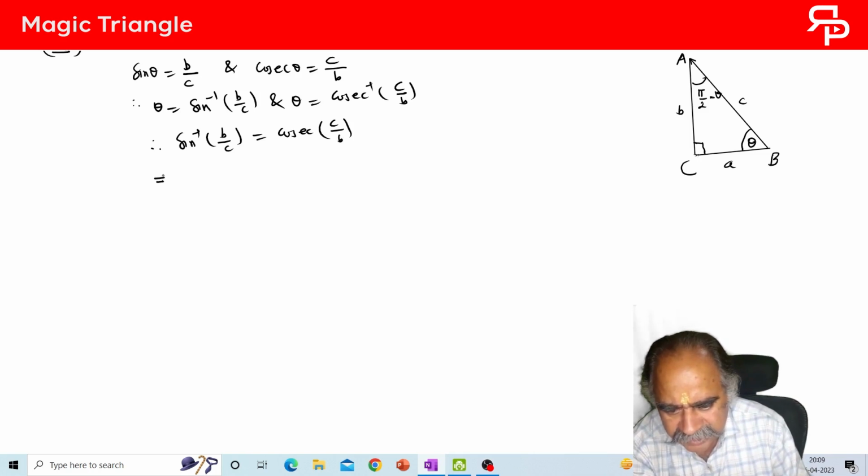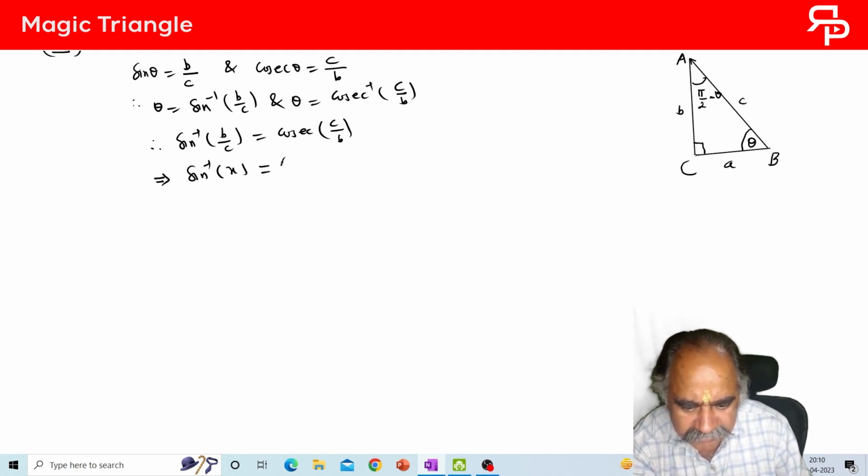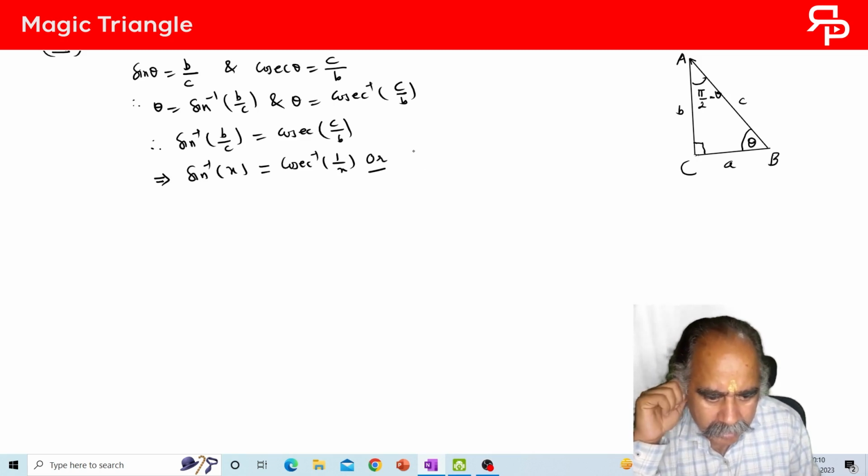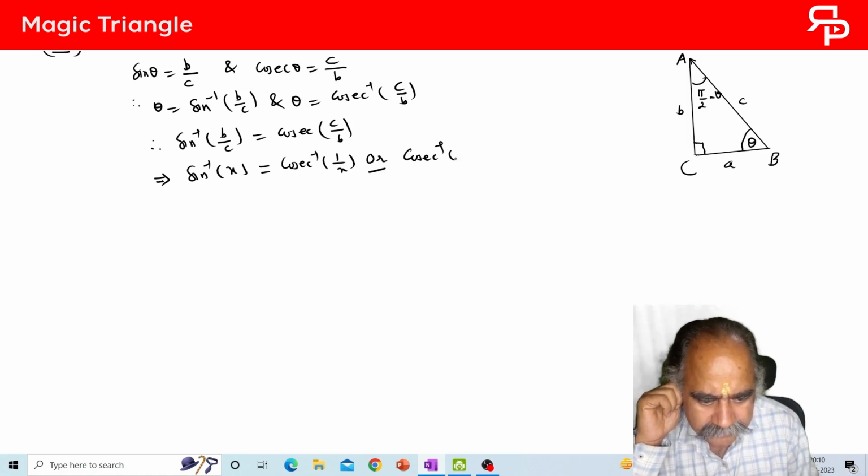So we can write, if I take B by C as x, sine inverse x is the same as cosec inverse 1 by x, or cosec inverse x is the same as sine inverse 1 by x.